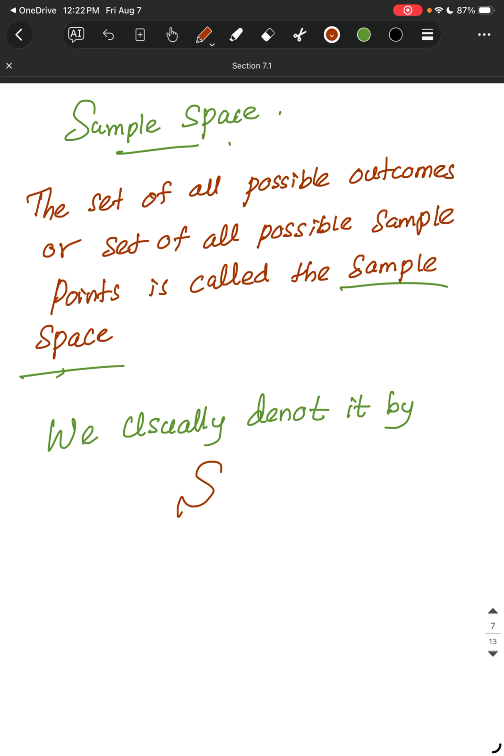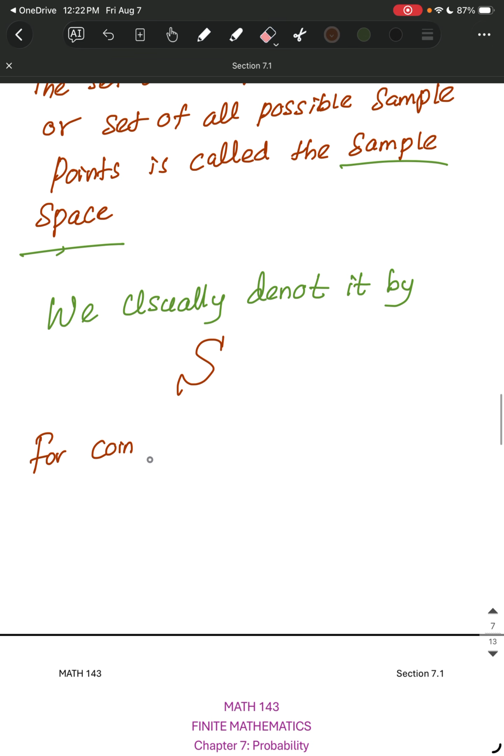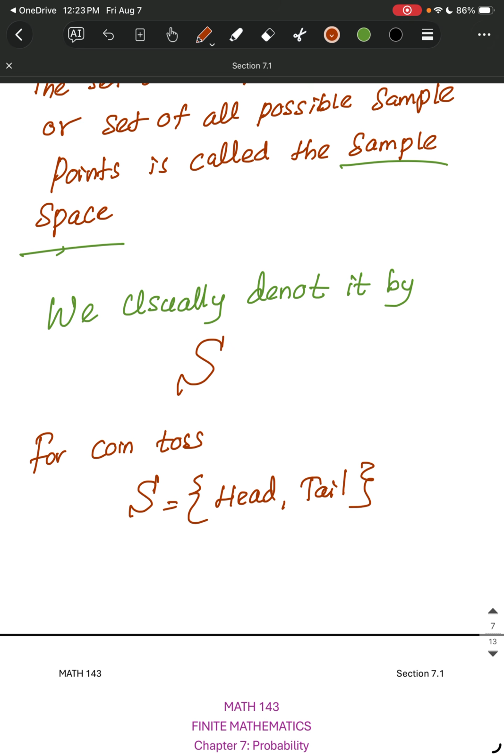For a coin toss, the sample space is head and tail. So keep this in your mind. When we write the sample space, we denote it using S. Also, we must write it within braces and comma separated: head, tail. Very important.